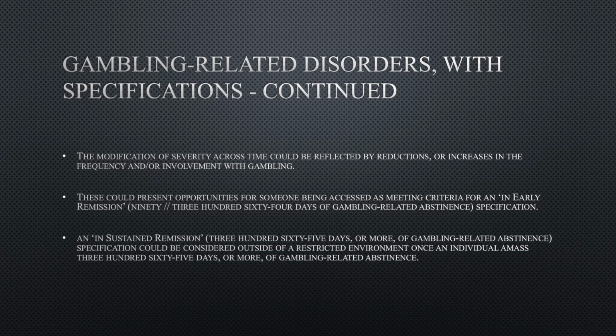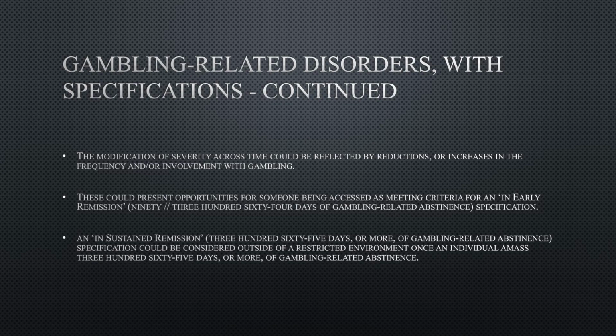Going back to an assessment or an evaluation being conducted within 90 days, someone could present with 4 of the corresponding features, and they're endorsing a gambling disorder mild diagnosis. That number could jump up to 8 particular attributes within 90 days when the subsequent evaluation or assessment takes place. So now we're talking about that diagnosis being changed to a gambling disorder severe diagnosis.